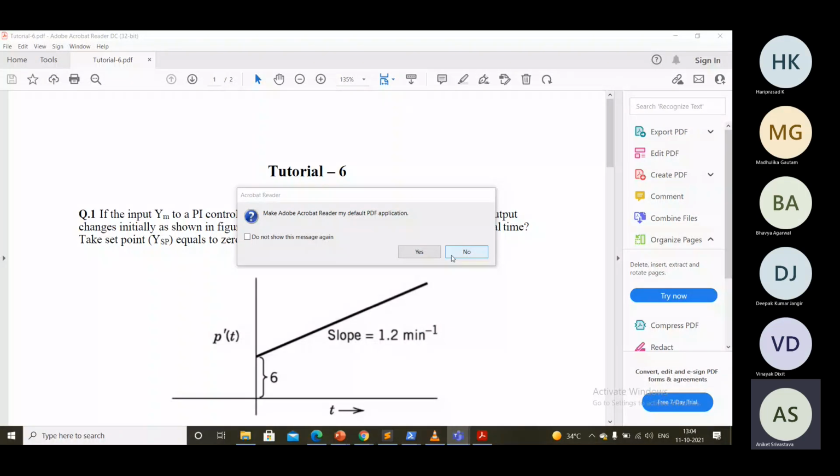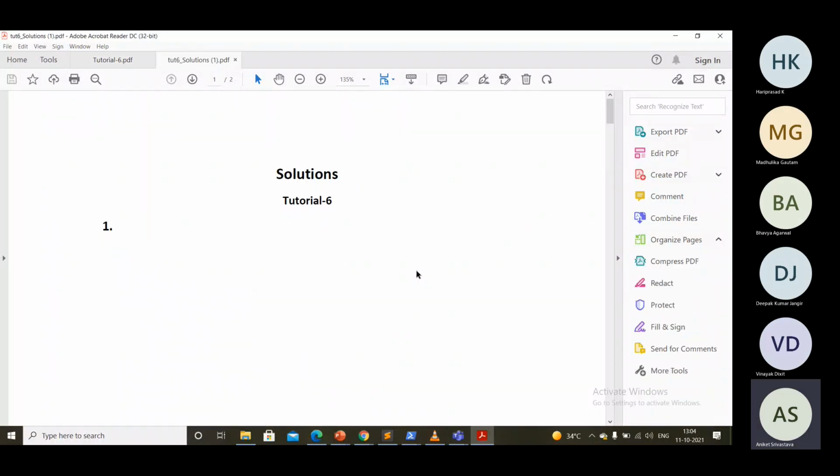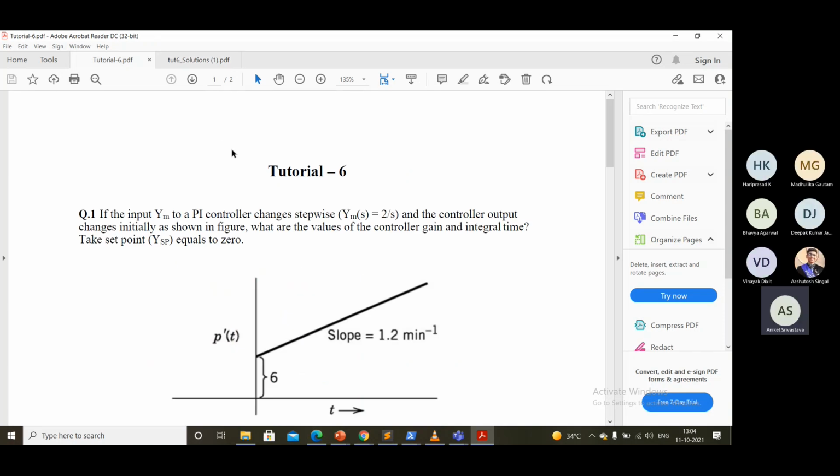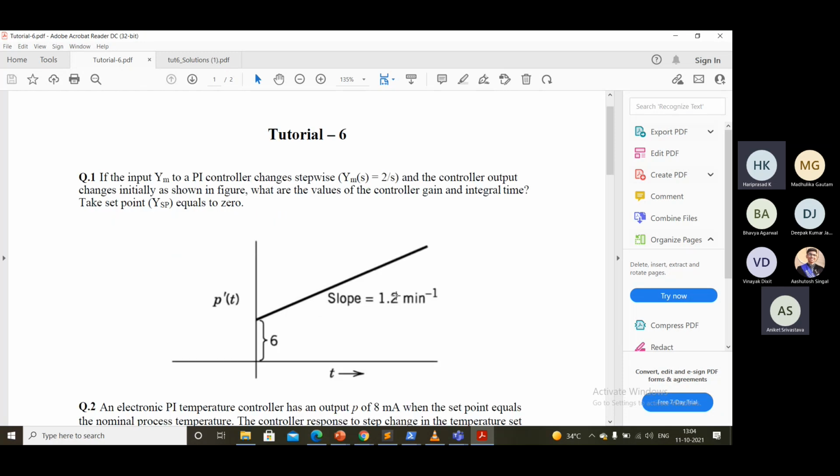Is my screen visible? Hello? Yeah, it should be. At least it is visible to me, so others should also be. Okay, any feedback? A message has come. Yes. So hold on, we'll start at one side.